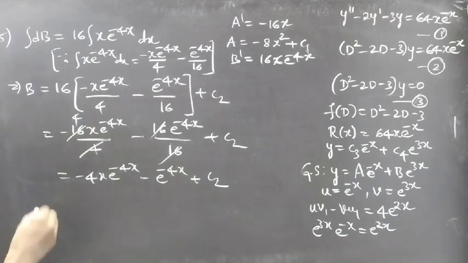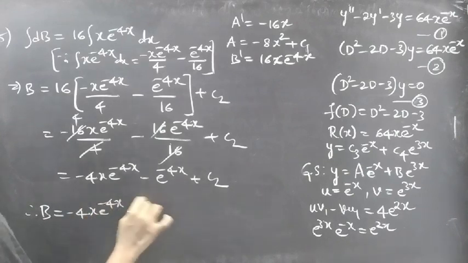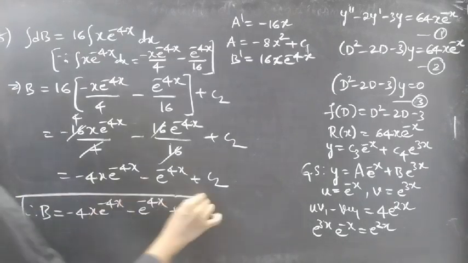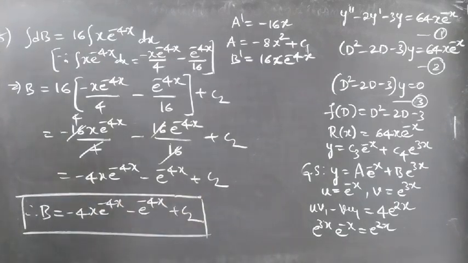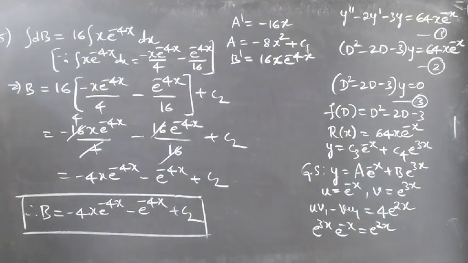Therefore b equal to minus 4x e power minus 4x minus e power minus 4x plus c2. We got a and b. So now we can find general solution using y equal to a e power minus x plus b e power 3x.